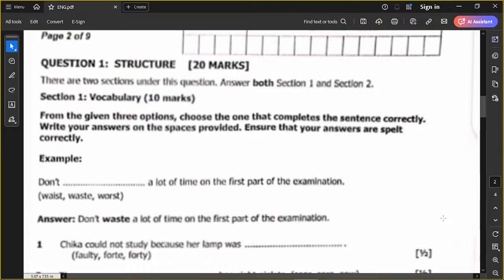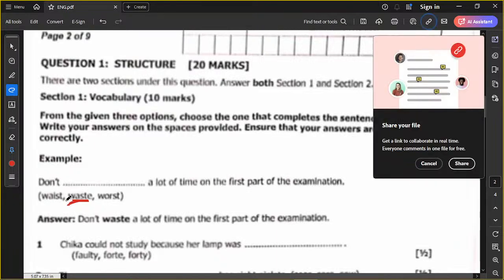For example, don't waste a lot of time on the first part of the examination. The correct answer here is "waste", which is the second one. Don't waste a lot of time on the first part of the examination.